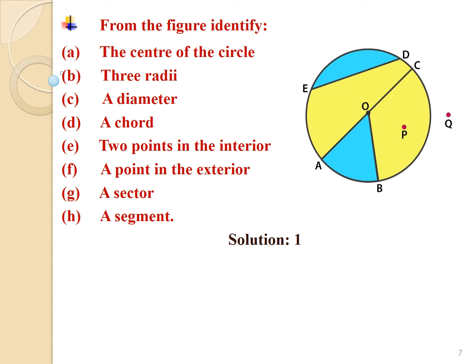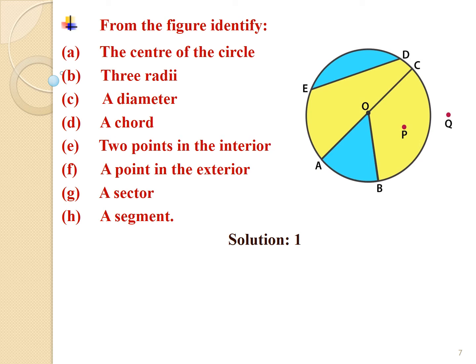Students, so keeping in mind what is radius, diameter, chord, interior and exterior points, sector and segment, we have to write the answers by observing and identifying all the parts of the circle.